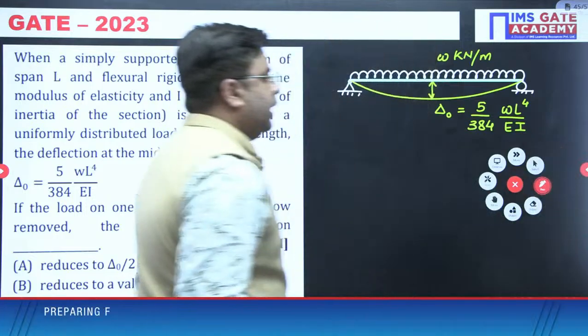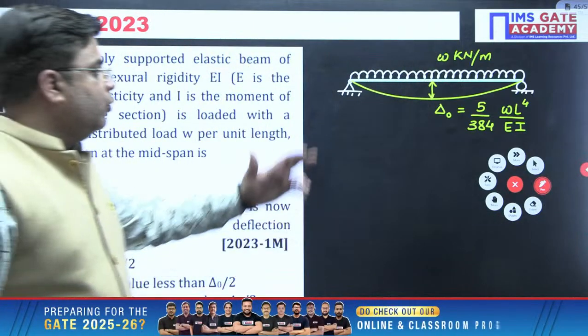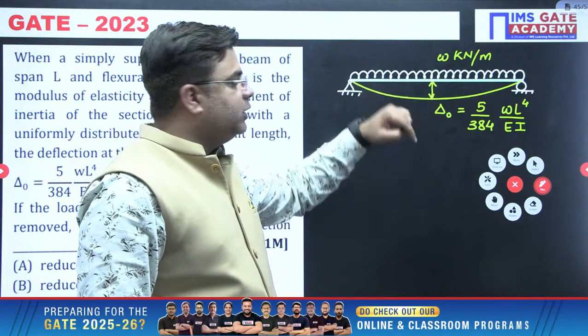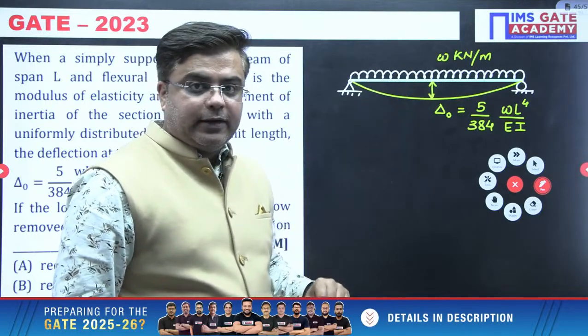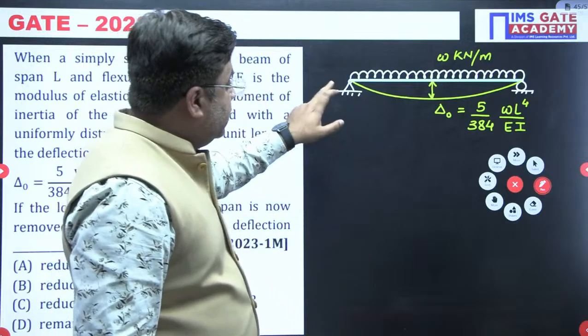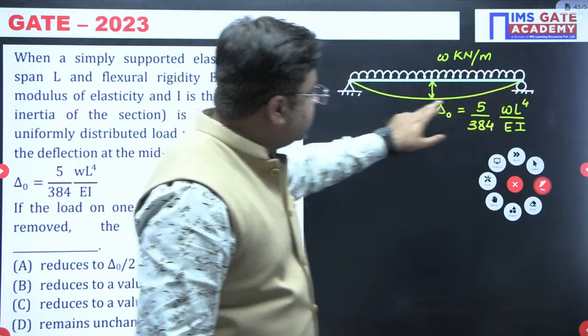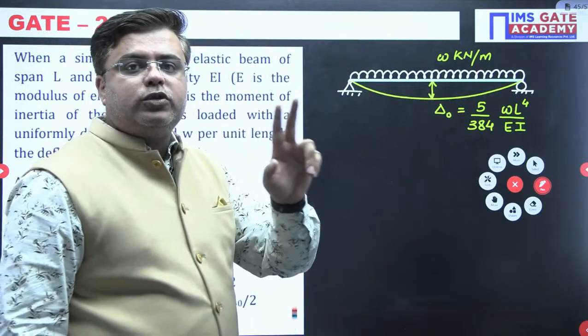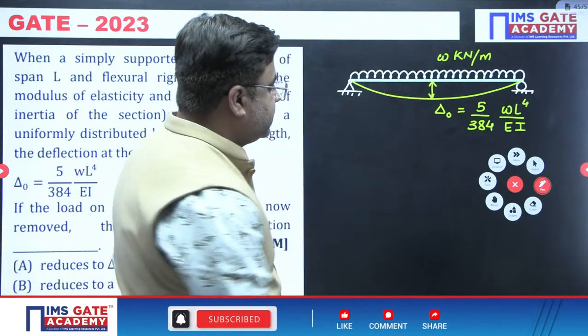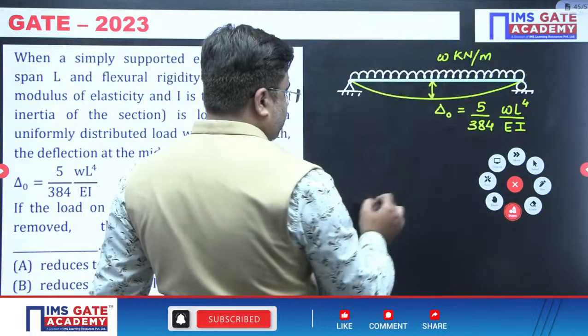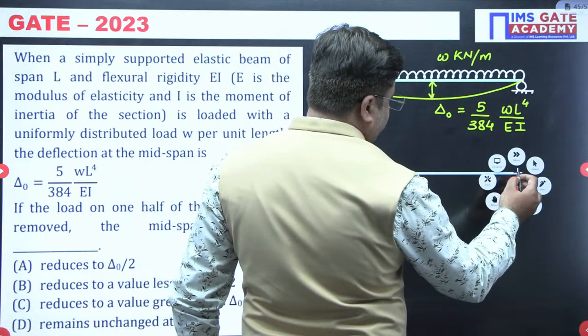Okay. Now they are asking, if you remove any half of this UDL, what will happen to this vertical deflection? Now observe this. This total effect is the sum of two portions of loading. This total effect of delta naught is the sum of these two portions of loading.